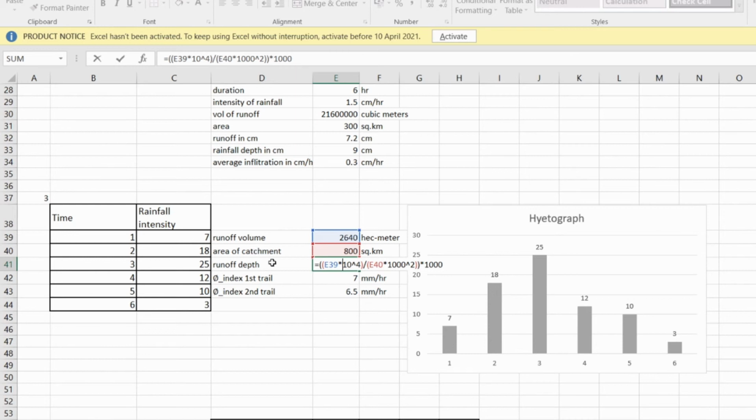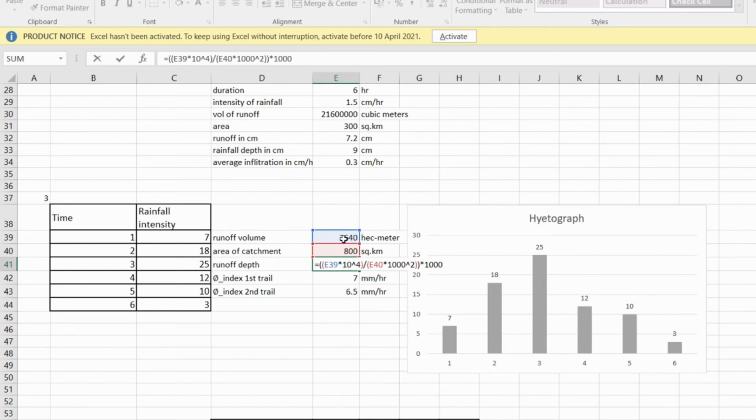Your runoff depth can be calculated by volume by area, so volume will be in the numerator and area will be in the denominator. First, you can look into this formula. This volume is being multiplied by 10 raised to 4.